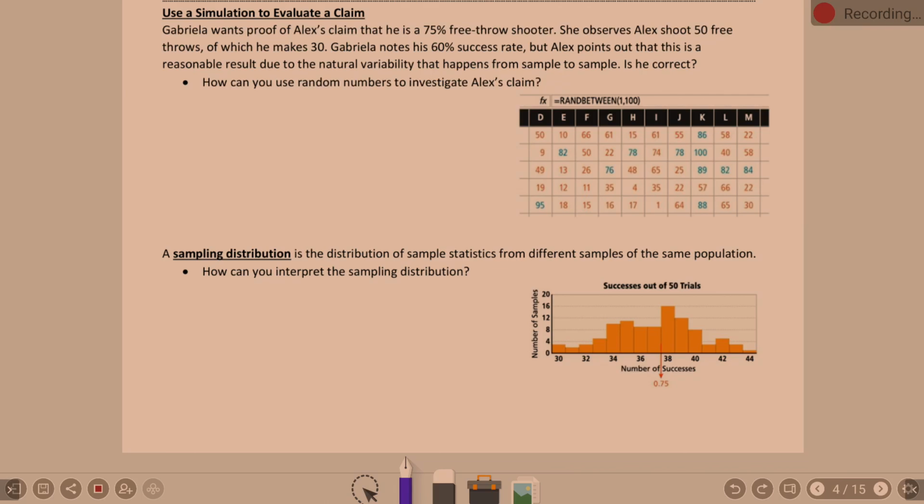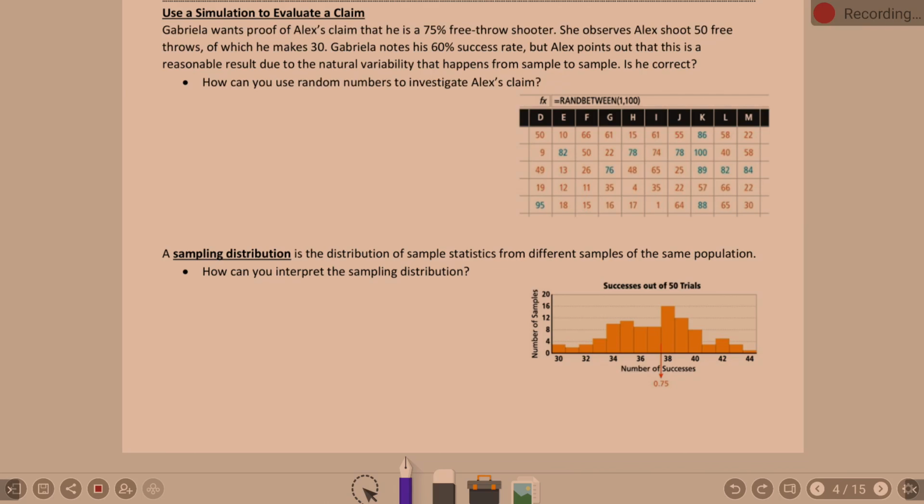Or is Gabby saying, that number's a little low. I don't really think you're a 75% free throw shooter. So Alex is saying, okay, it was an off day. I didn't make as many as normal. Whereas Gabriella is saying, no, I just don't think you're a 75% free throw shooter. Now, which is right?